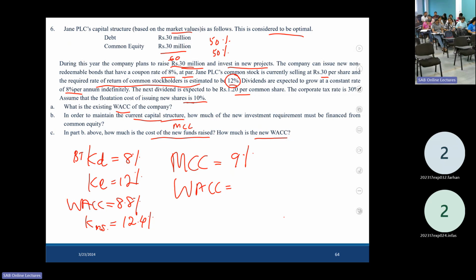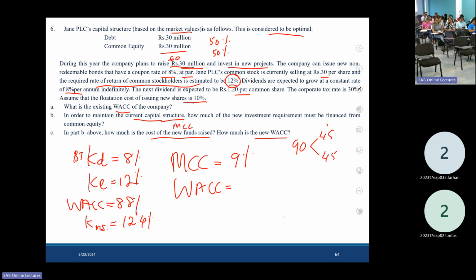Additional 30 you raised. So now it is 90 million. So 90 million is coming how? 45 from debt, 45 from equity.